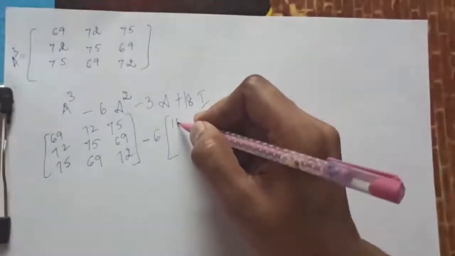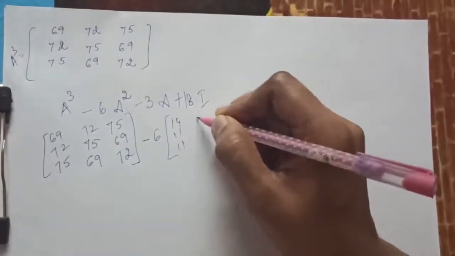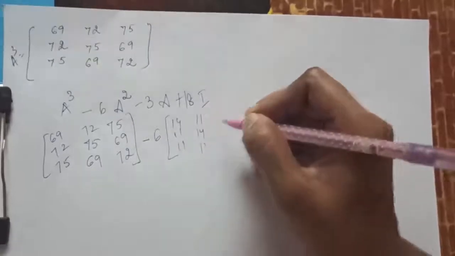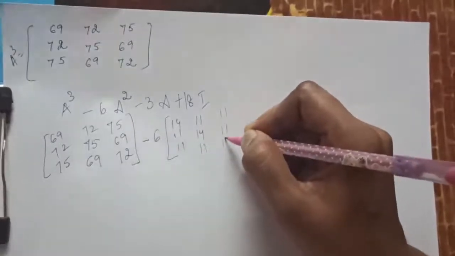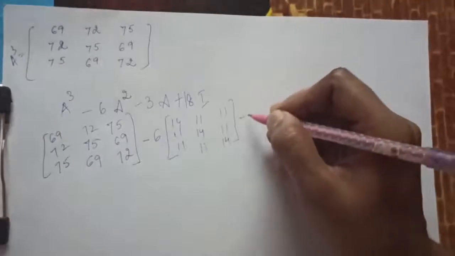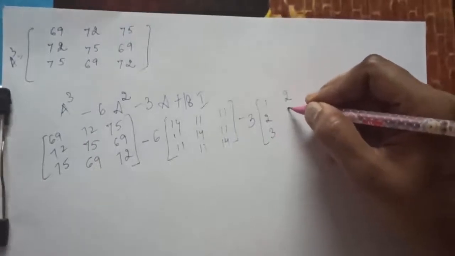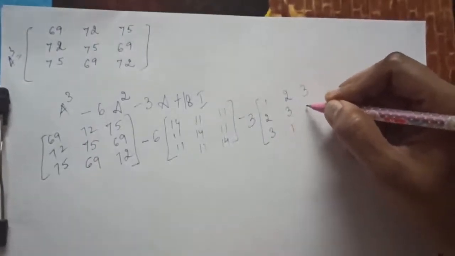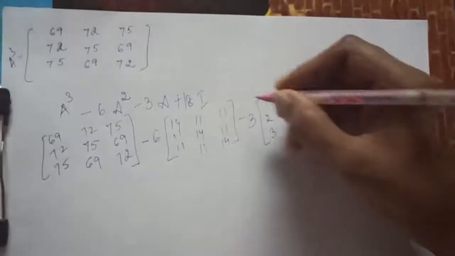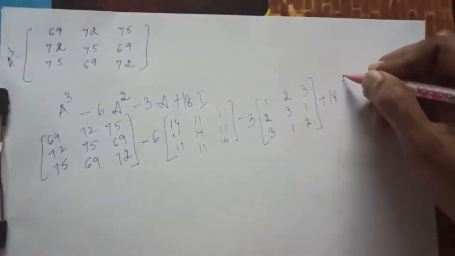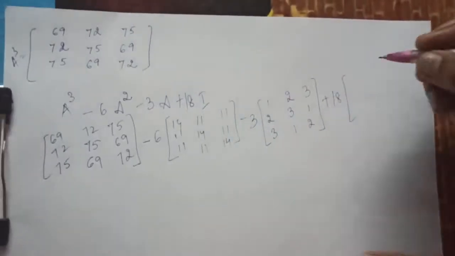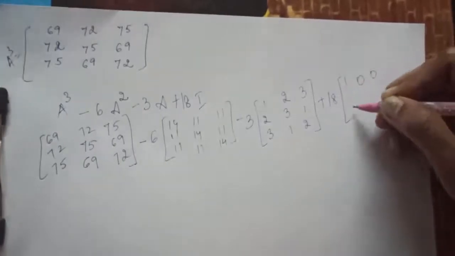So our A square was 14, 11, 11, 11, 14, 11, 11, 11, 14, minus 3 times A. A is from our original question in which A was given to us. So A was 1, 2, 3, 2, 3, 1, 3, 1, 2, plus 18 into I, where I stands for the identity matrix.